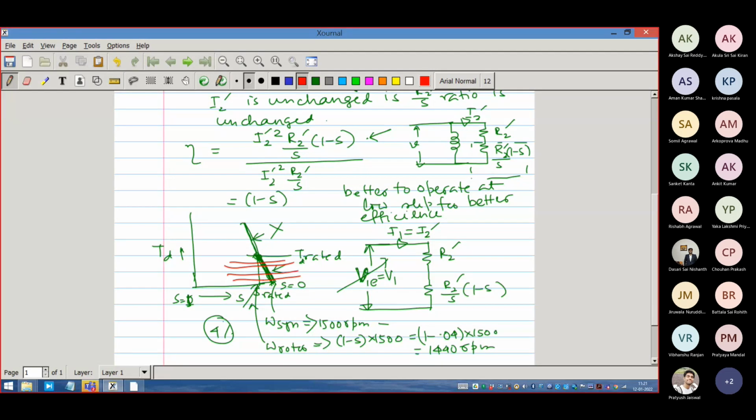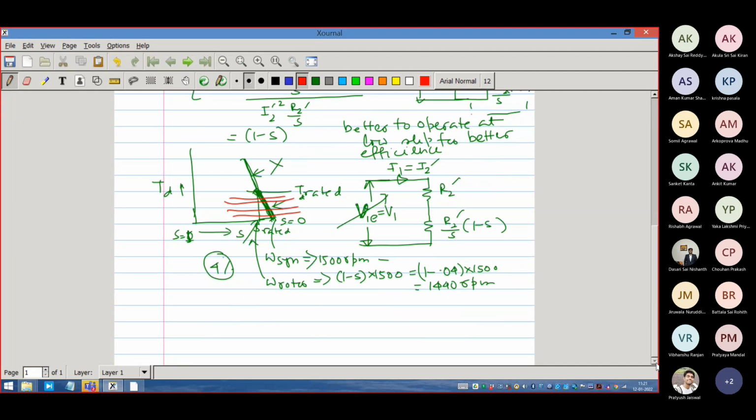Let me clarify. If you don't understand this, you don't understand. Point is, first of all, you assume that we are not varying the supply voltage and frequency. This is the original machine, and with the original supply we are not varying anything. There is no electronic drives part in it.